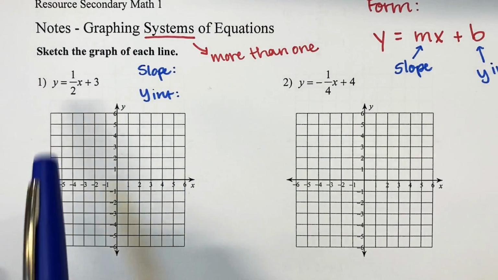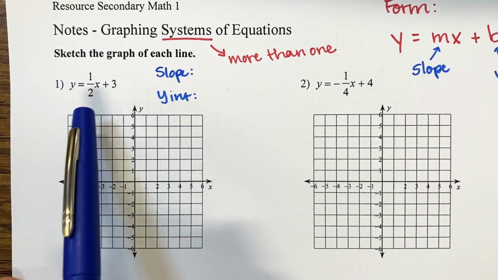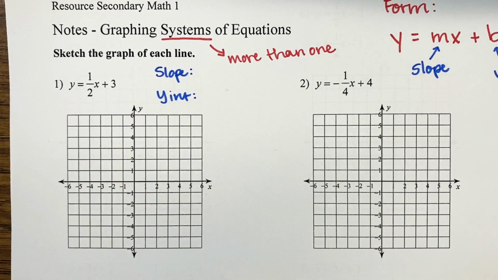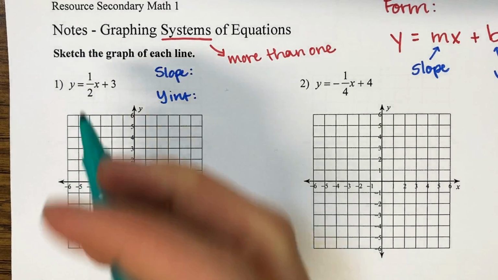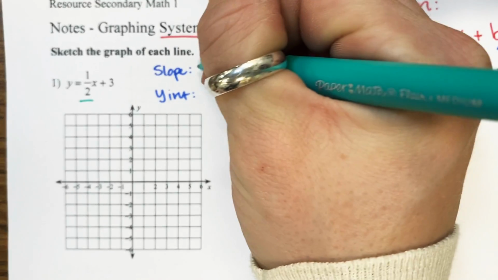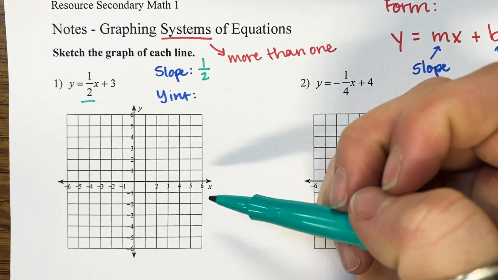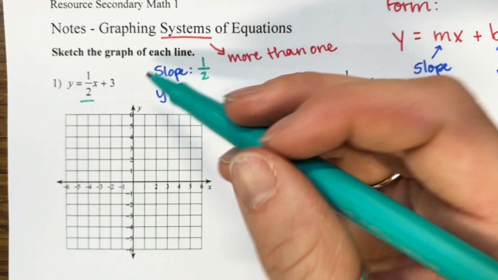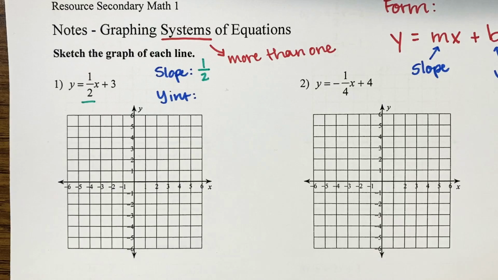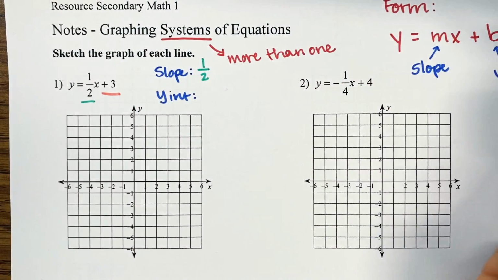So, looking at number 1, this equation for number 1, what is my slope? What is right in front of the x? 1 over 2. Okay, remember, slope is rise over run. Okay, well, what is my y-intercept? If 1/2 is my slope, what is my y-intercept? My y-intercept is 3.